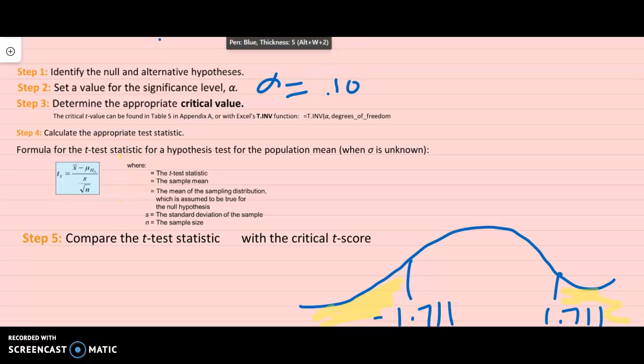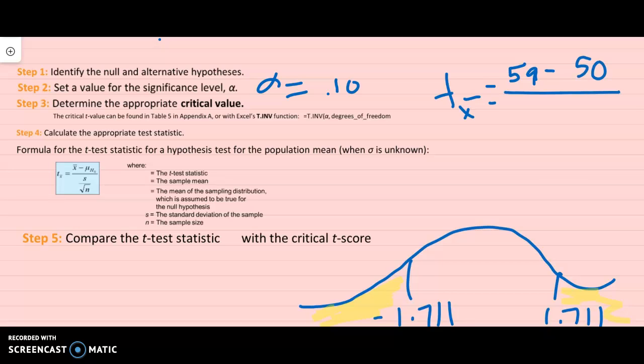So our test statistic, which is step 4, is going to be equal to our sample mean, which was provided in the problem. It is 59. And then our hypothesized mean of the sampling distribution is 50. Then we're going to divide by the sample standard deviation over the square root of n, which is 25.